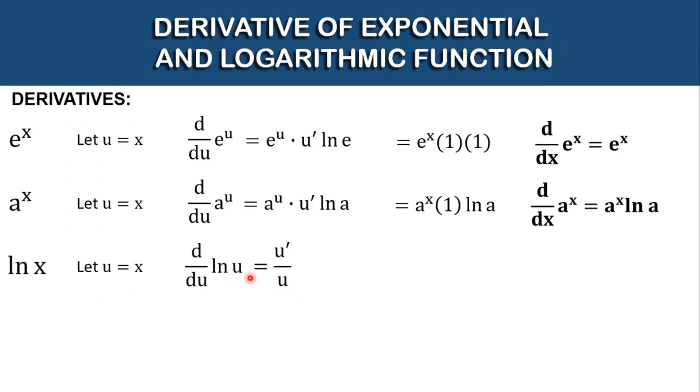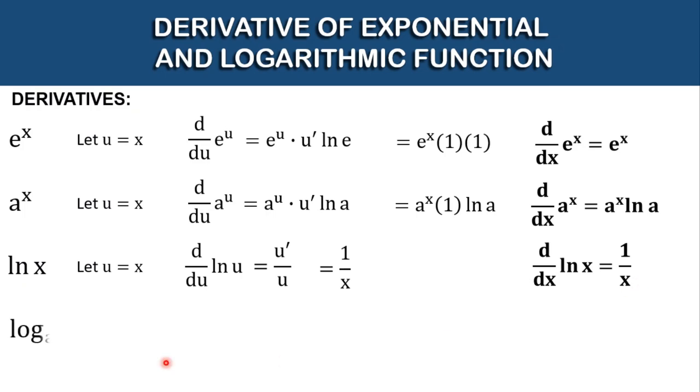So this is equivalent to 1 over x, because u prime, since u is equal to x, the derivative of x is 1, and our u in the denominator, u is equal to x. Therefore, the derivative of the natural logarithm of x is 1 over x.